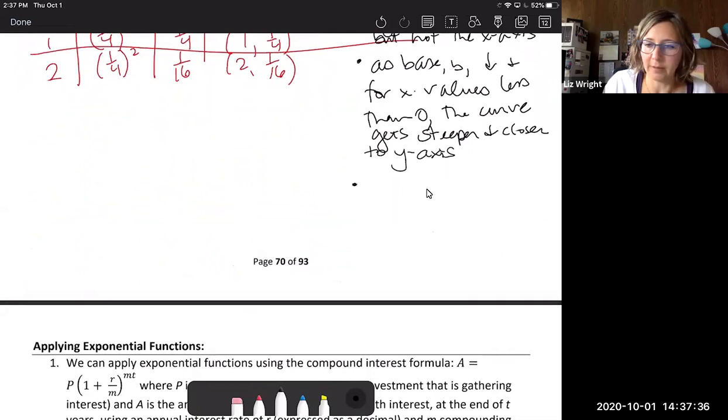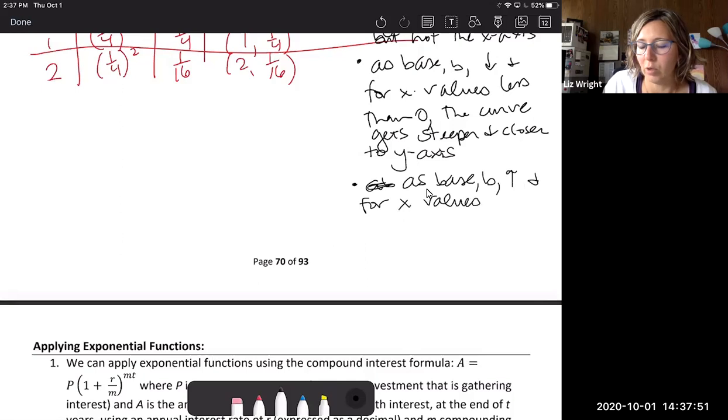And then we're going to talk about the other side. So as base B increases, and for x values greater than 0, so now we're talking about what it looks like for our quadrant 1.